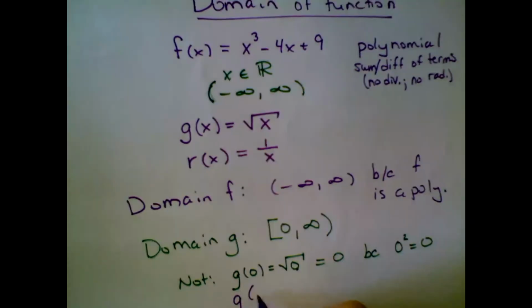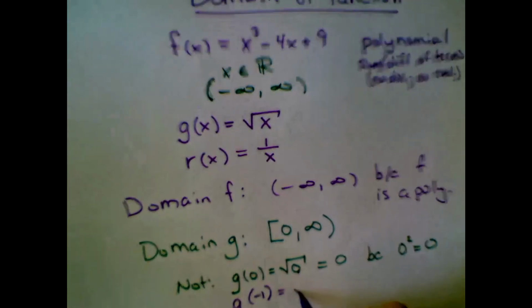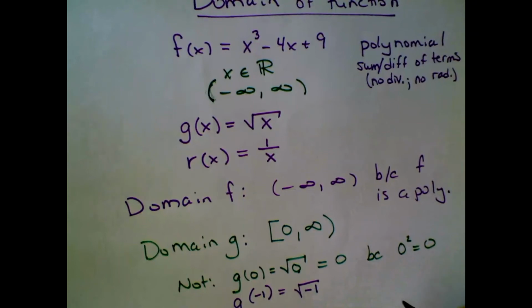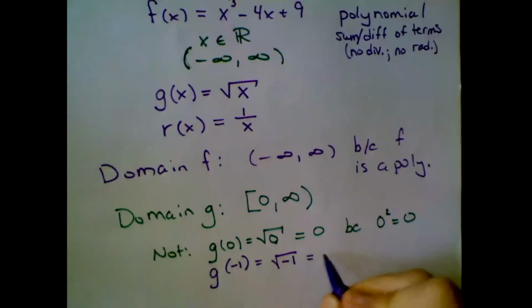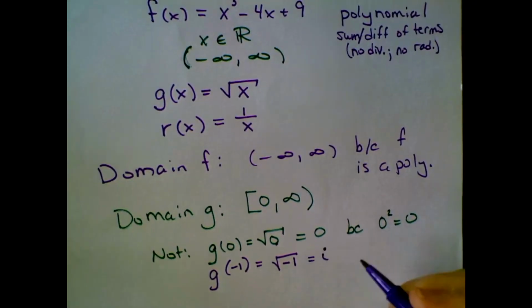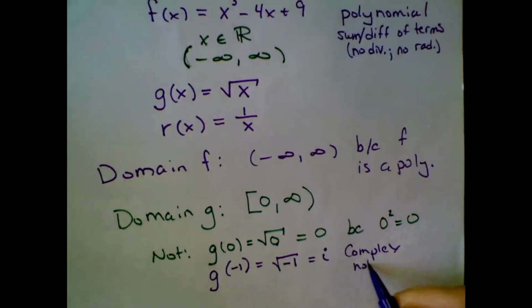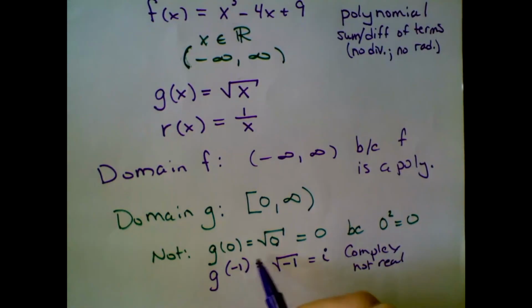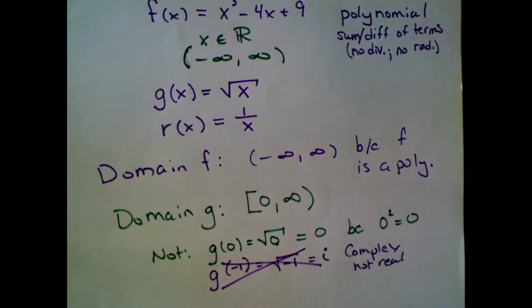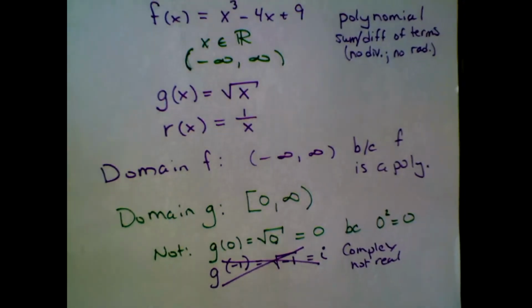For example, g applied to -1, we would be trying to take the square root of -1. And that would be what we call i, which is a complex number that's not real. And so we aren't getting a real output when we plug in that value for g.